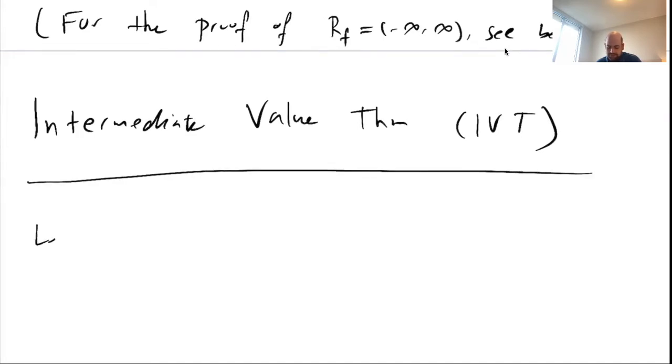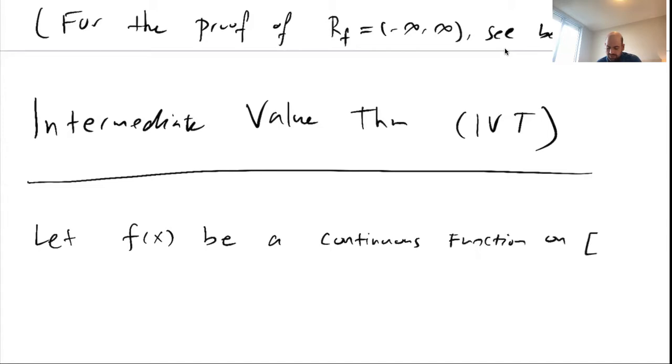So this theorem says: let f of x be a continuous function on the interval a to b.